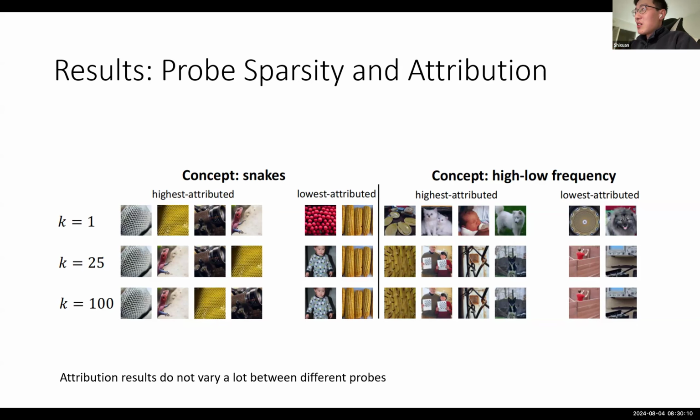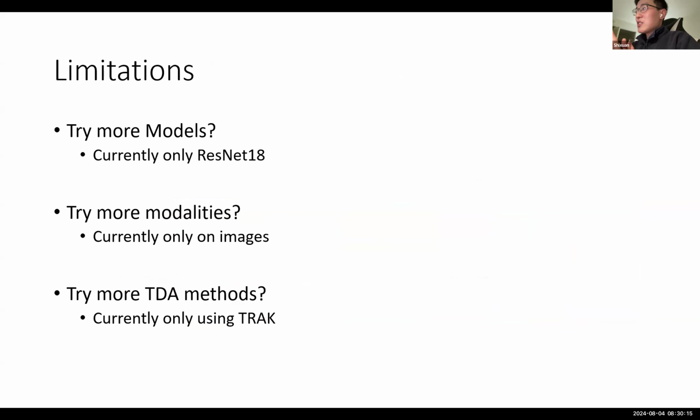these are all the results they have presented in their paper. And they also realized some limitations of their paper. There are three main limitations. The first one is that they haven't tried other models, they just use the ResNet 18. Another limitation is that they could potentially try another modality.